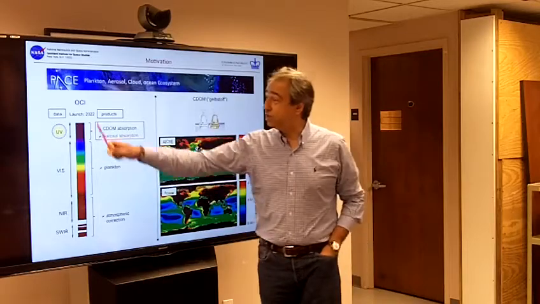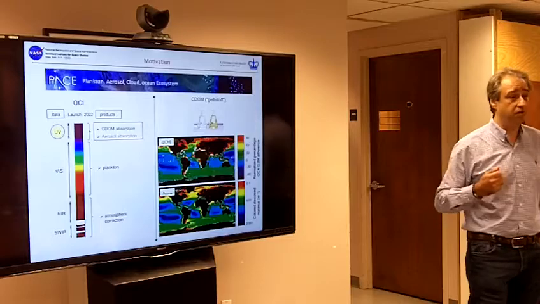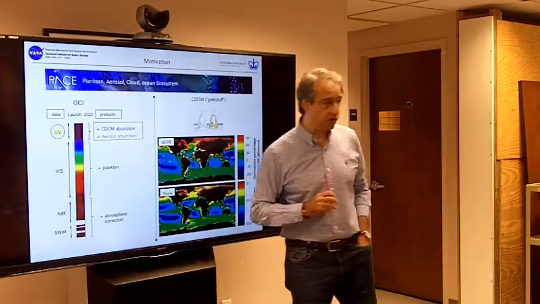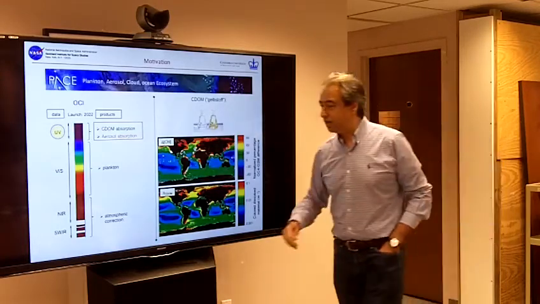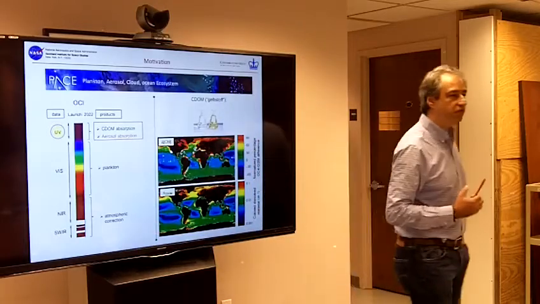Now what you'll see is that the ocean color instrument will also make measurements in the UV part of the spectrum, and there are several reasons why they want to do that. One is aerosol absorption, and the reason is that when you're looking only at the near infrared, those measurements are not that great to retrieve aerosol absorption.